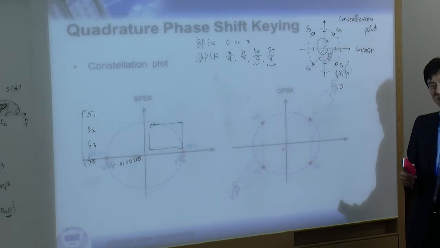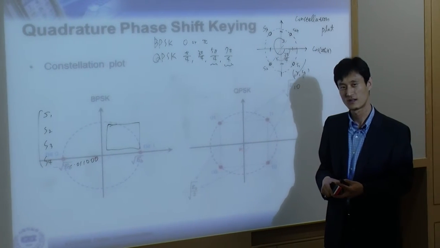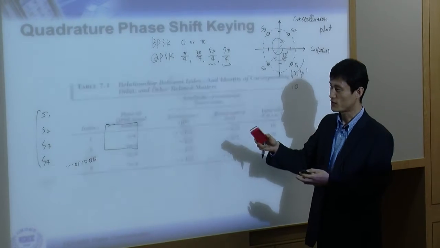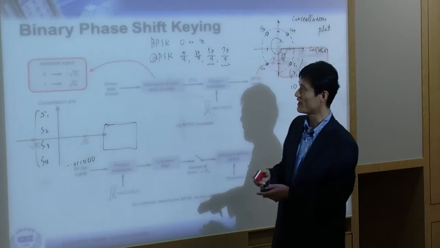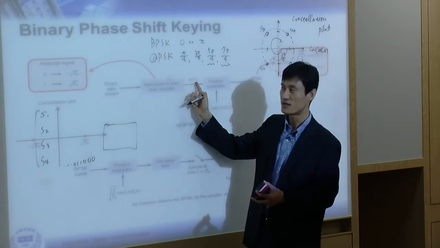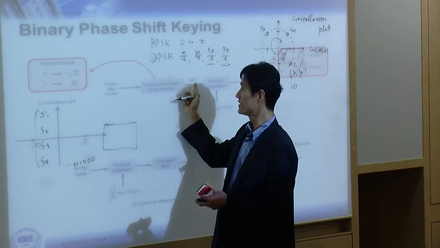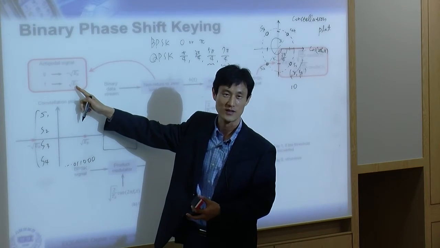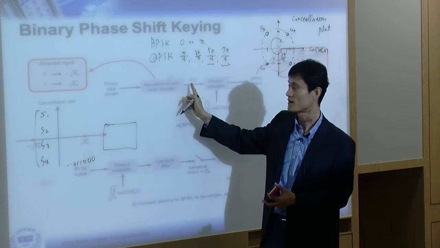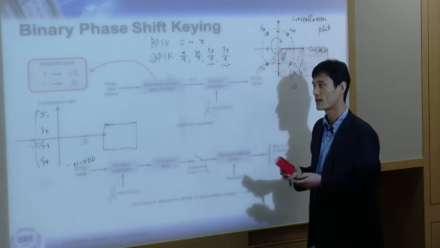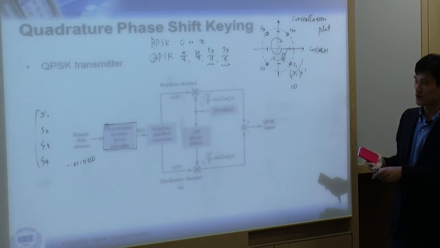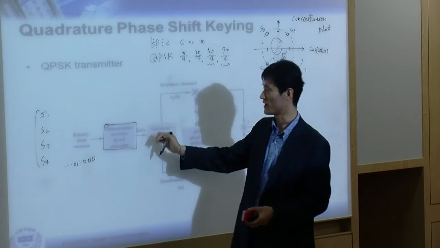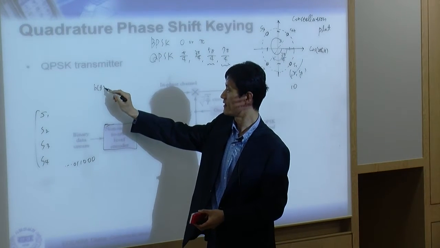Then what is exactly the output of the mapping? Let me go back to the BPSK. In BPSK, what was the mapping of BT? What is the output here? This one or this one? That was the output here. Then what is the output in QPSK here? What does BT look like?